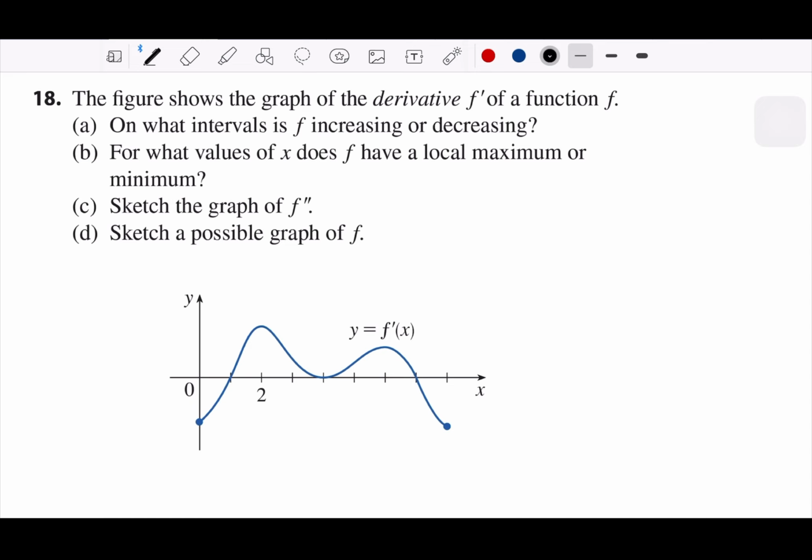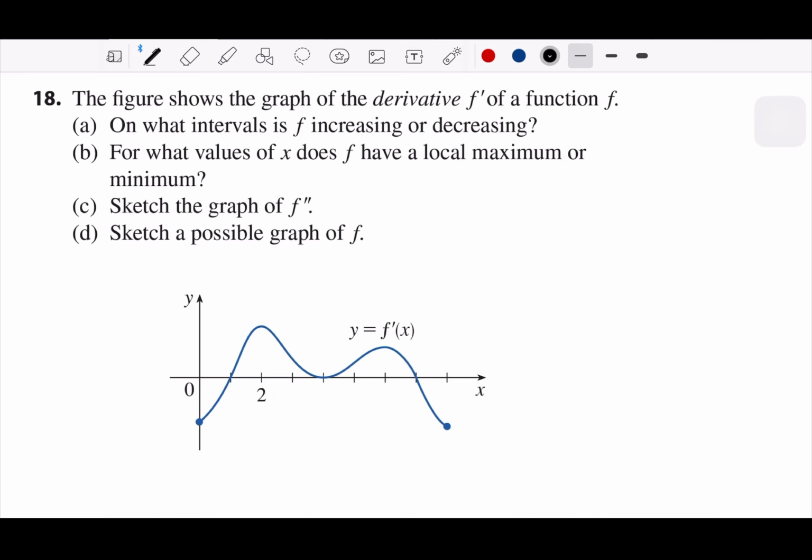I think if you take that as your essentials for any curve sketching or any observation of a graph, then it's okay. Perhaps we start with A.